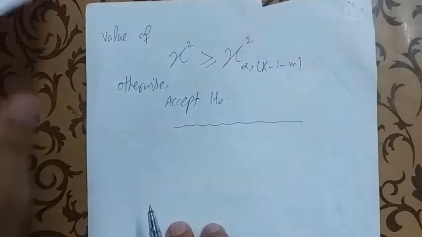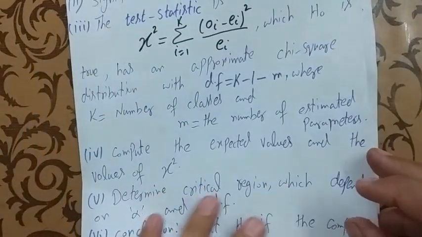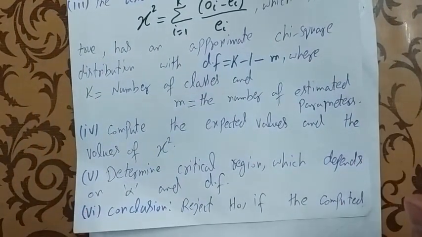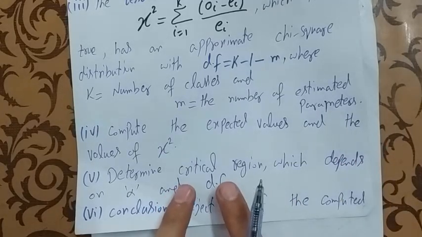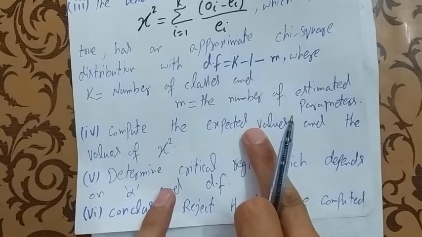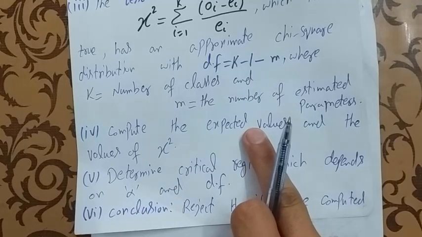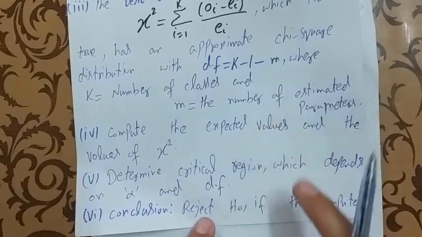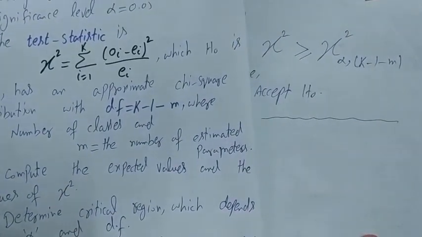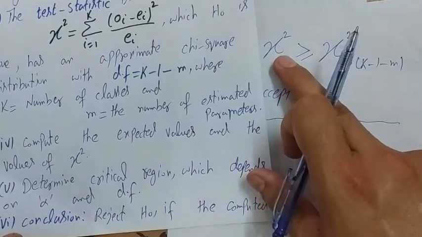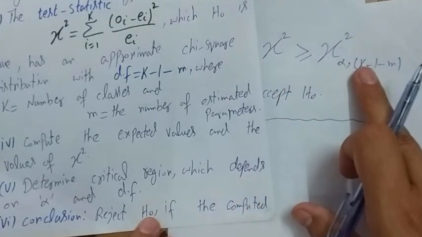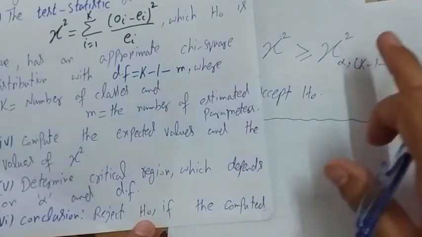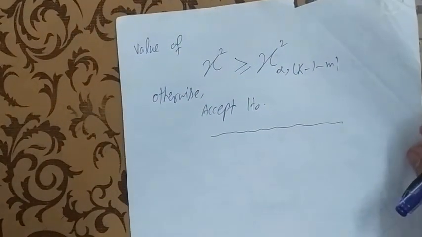Dear students, in the last step, the conclusion, simply how do we find the conclusion? If the computed value is greater than the table value, then we reject our null hypothesis, otherwise we accept the null hypothesis.